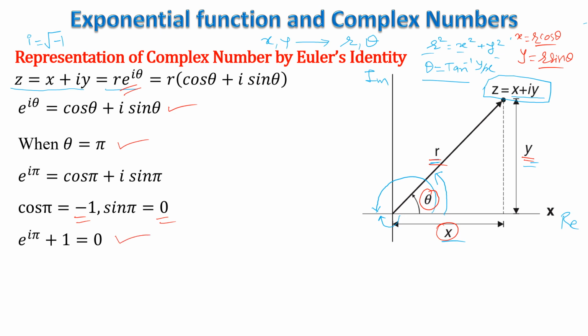This is one interesting relation that comes out of the exponential constant, Euler constant e, that comes from the exponential function, where we are using i, that is a complex number, circular geometry, and pi, another constant. This is quite a new equation that comes from the definition of the exponential.